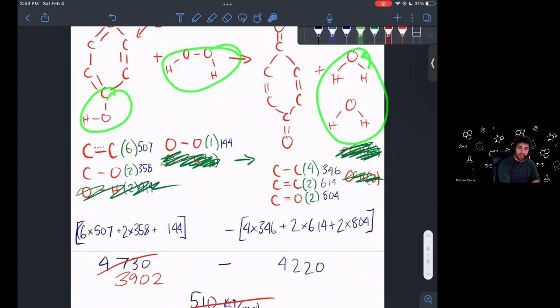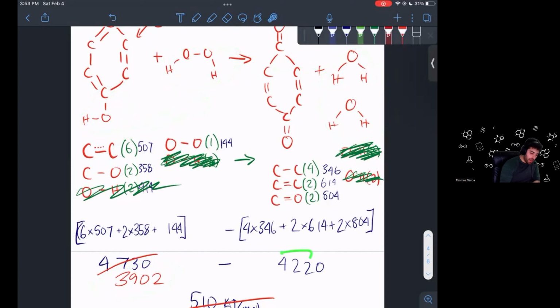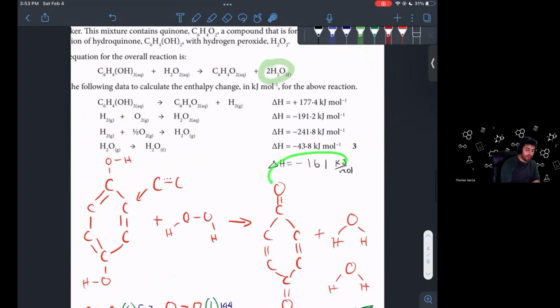In fact, we should have a little bit more energy on these two down here, making 3902 probably closer to around 4,000, and this value should be a little less, maybe about 4,160, which means our answer in total would be minus 161.